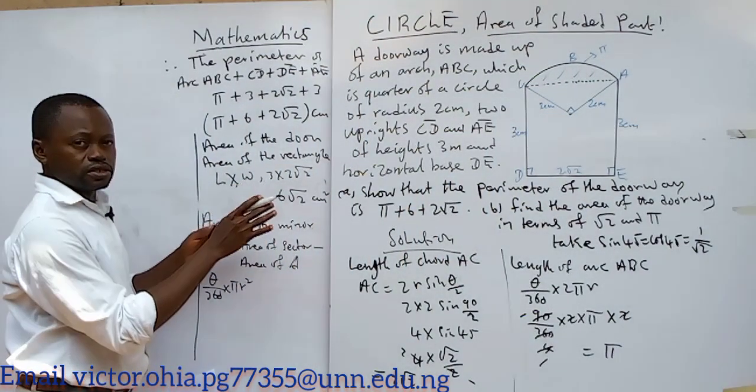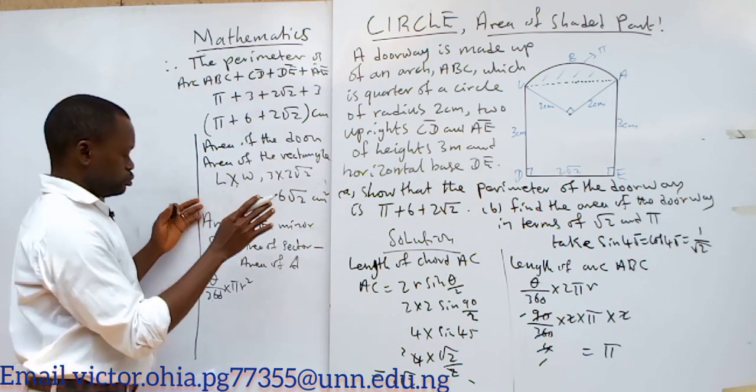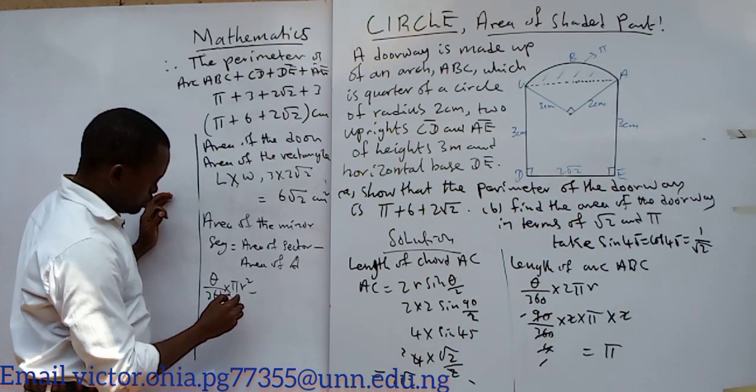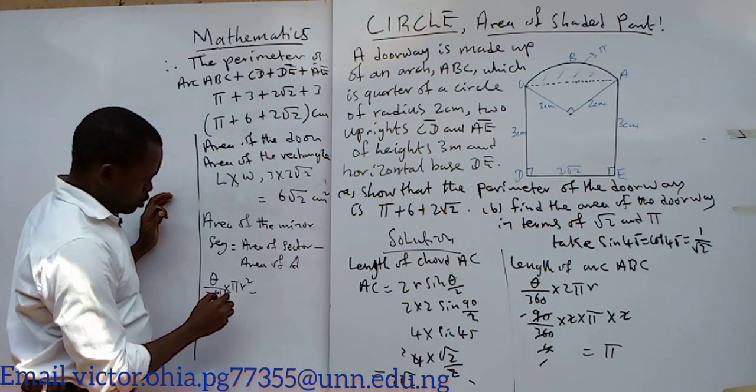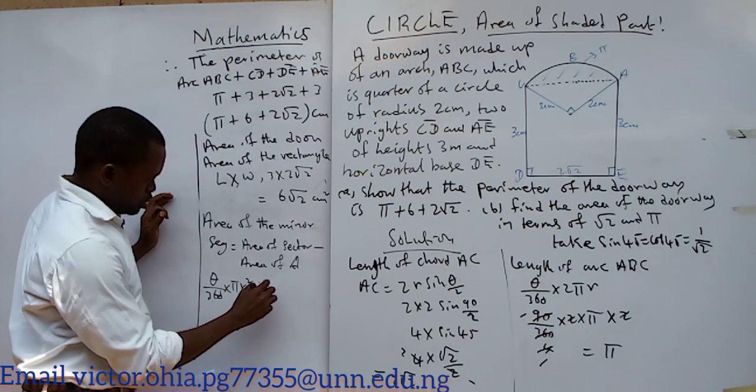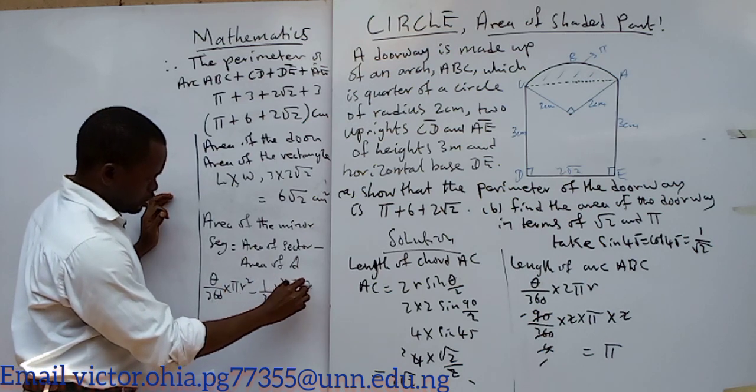We have done several of these in our previous classes, so please, you can check out those classes. Then minus the area of the triangle, which is half r squared sine theta.